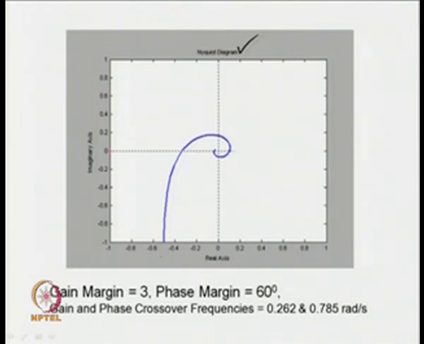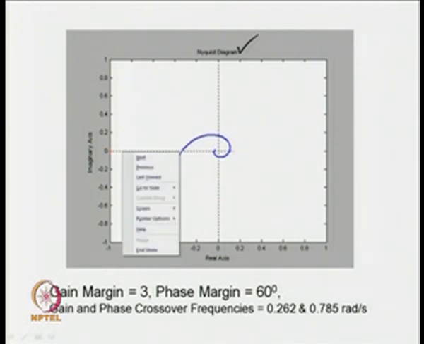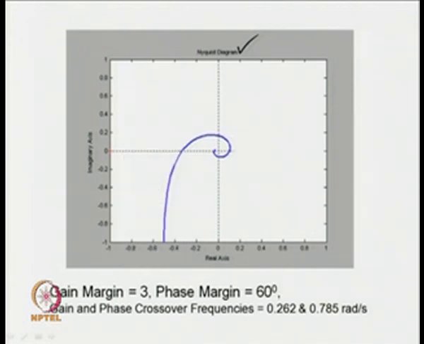From here also it is not difficult to make out the crossover points. So, this point will give us the phase crossover point. So, at phase crossover frequency we are at this point.